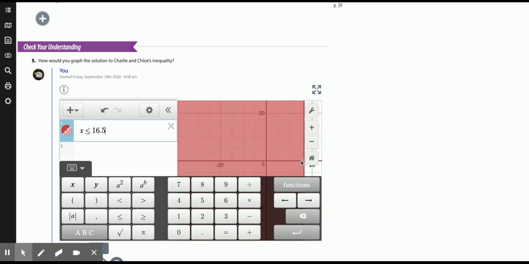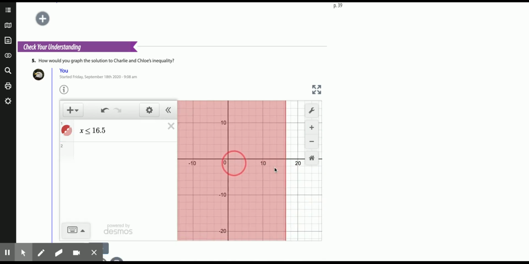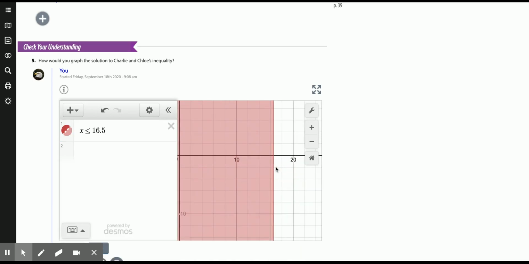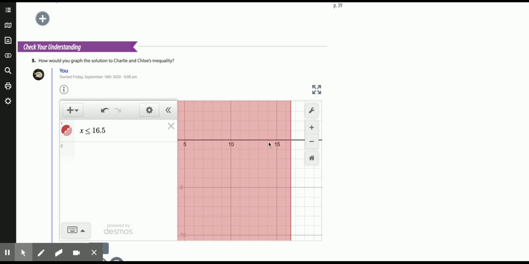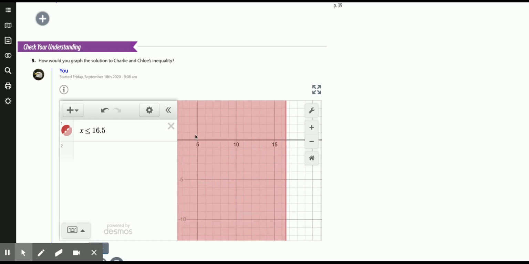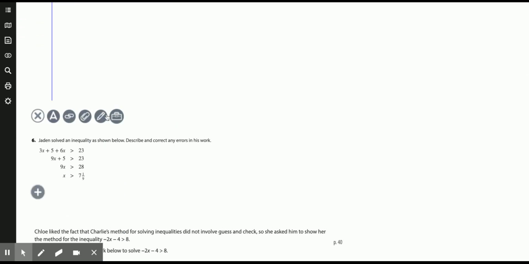You can see on this line, 16.50 on the line, it's a solid dot and it covers everything less than that. You can zoom in and see 16 and a half, 1 past 15 and then half more. And everything less than that is covered for 16 and a half.